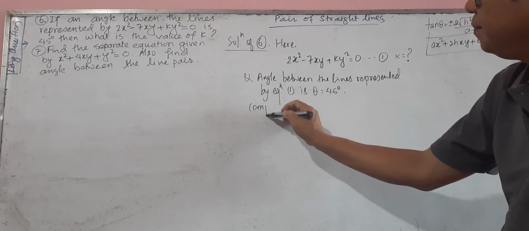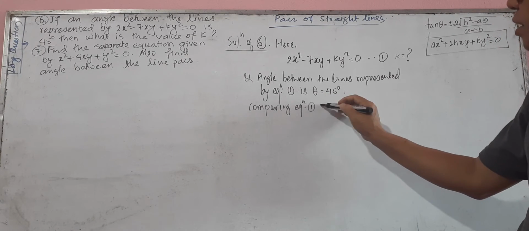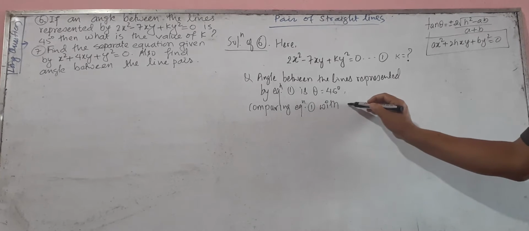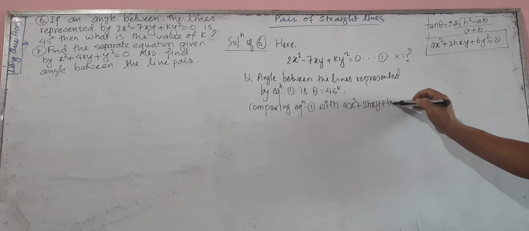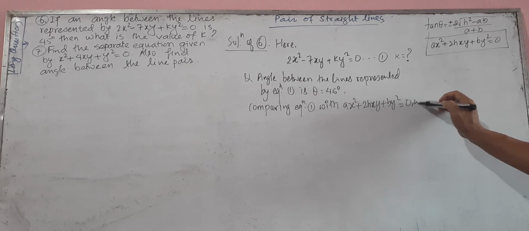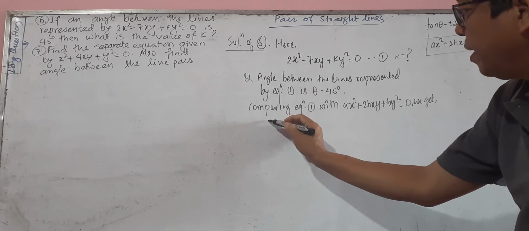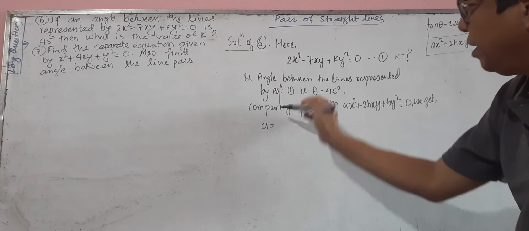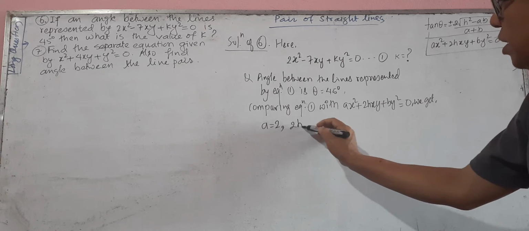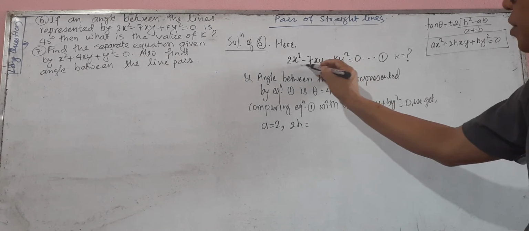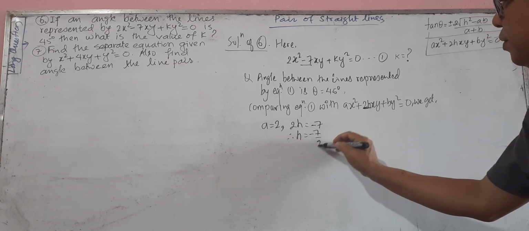Now comparing equation I with ax square plus 2hxy plus by square equal to 0, we get the coefficient of x square is a, here the coefficient of x square is 2. The coefficient of xy is 2h, and here the coefficient of xy is minus 7, therefore the value of h is minus 7 by 2.